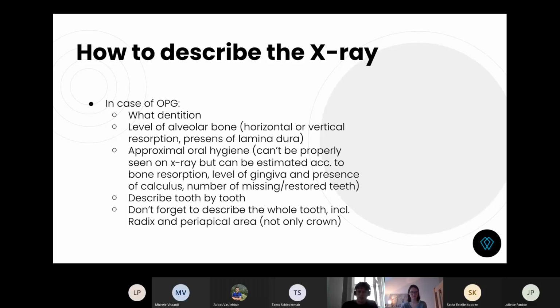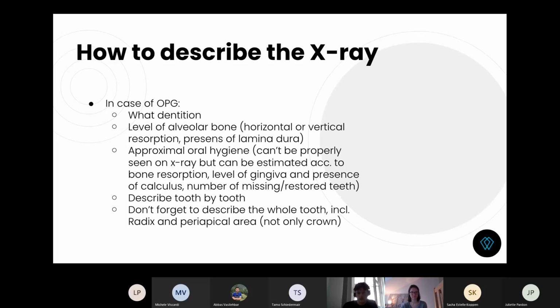You can approximate and say something about the oral hygiene. If you say this in the exam, I would always say that you can't obviously properly see the state of the oral hygiene on the X-ray. You can only estimate it according to the level of bone resorption and the level of the gingiva. On some X-rays, you can sometimes see how high the gingiva is.